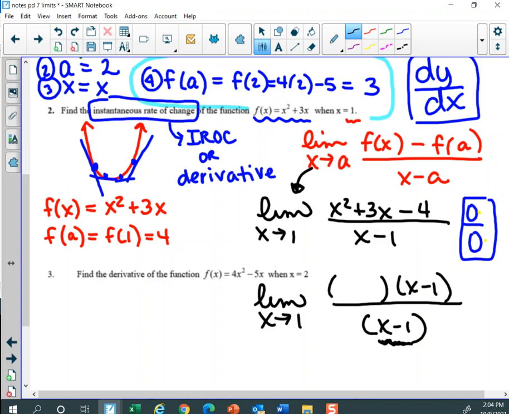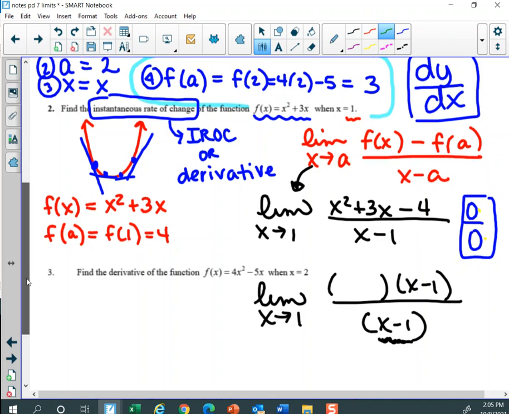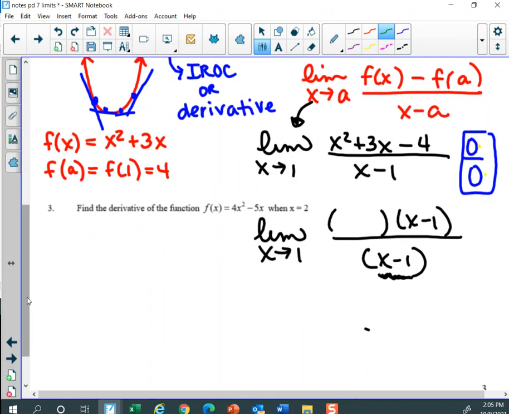Everybody's ability to factor is different, and you might still need to come in and have me give you a few problems to work on in Excel or whatever on factoring. X squared plus 3x minus 4. One of my factors has to be x minus 1. The other factor to make this problem work would have to be x plus 4.